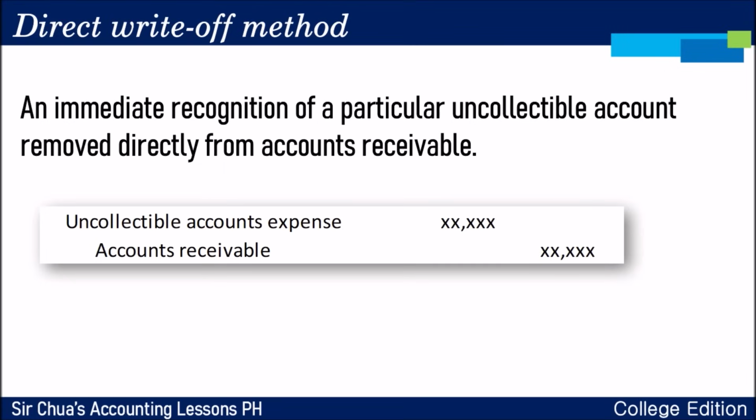Okay. Now, yung mga nagko-contest about sa paggamit ng direct write-off method is may chances kasi na, let's say for example, nangyari yung sales transaction noong 2019. Okay? So, at that time, in 2019, you debited accounts receivable and you credited sales for 2019.